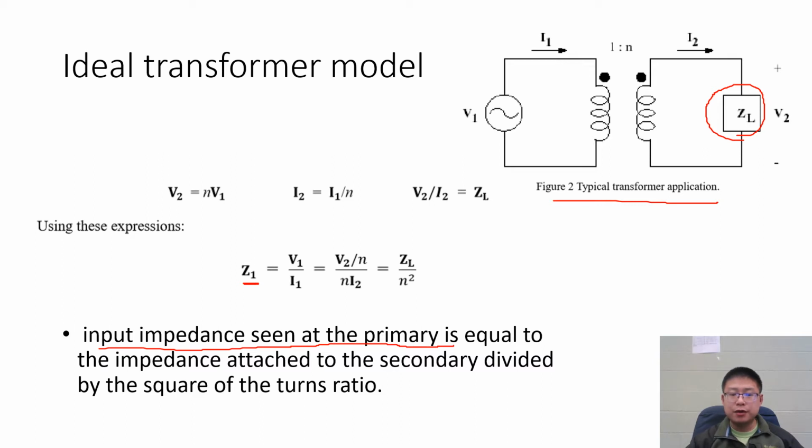And we know V1 equals V2 over N, and I1 equals N times I2. So we can obtain that Z1 equals ZL over N squared. So the input impedance seen at the primary side is equal to the impedance attached to the secondary side divided by the square of the turns ratio.